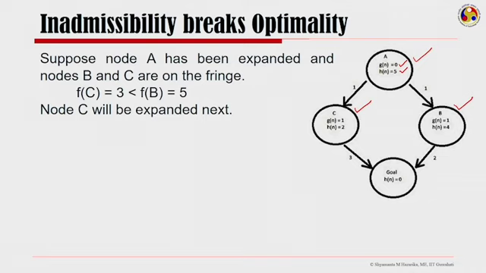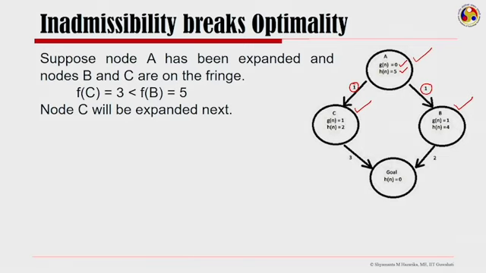At A, because it is the start node, the actual cost of coming to this node is 0, whereas the heuristic estimate is 5. The branch coming to C has cost 1, and the branch that goes to B also has cost 1.